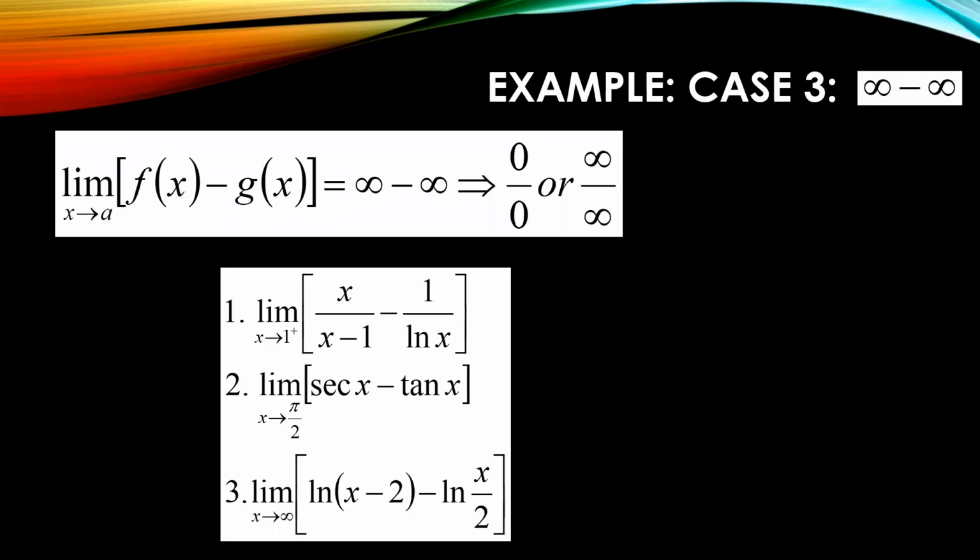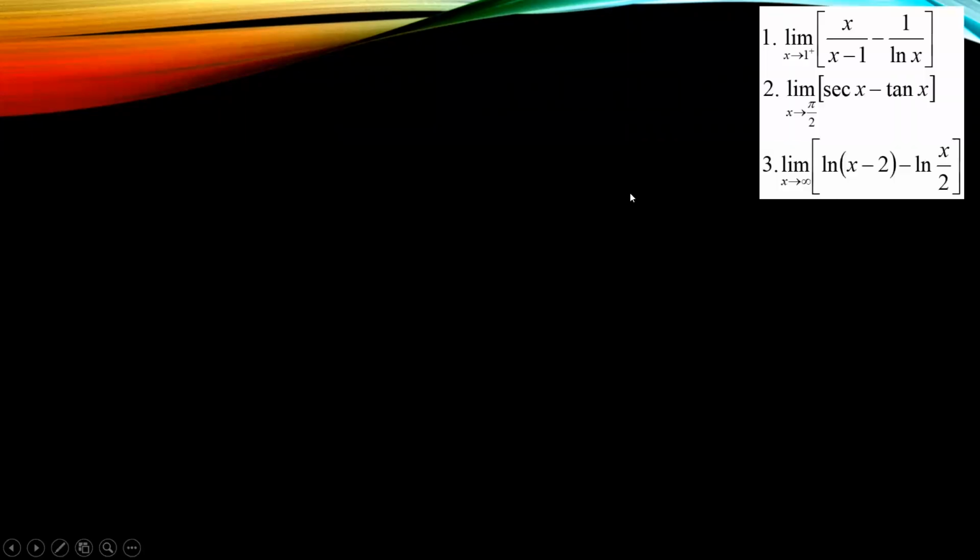Okay, let's go to case number 3. Case number 3, guys, is this. Infinity minus infinity. So how do we do this? It says here, transform to either this or this. Okay, let's do this. The limit as x approaches 1 from the right of x over x minus 1 minus 1 over ln of x.